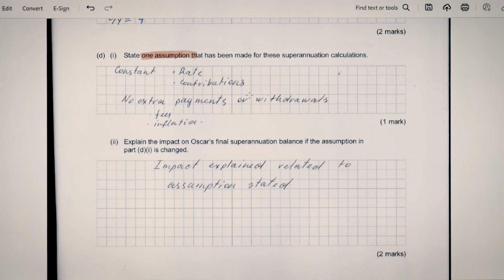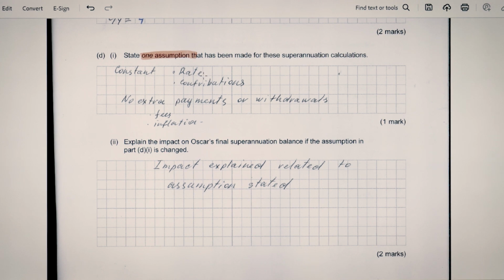But whatever they put there, in part II, explain the impact on Oscar's final superannuation balance if the assumption in part DI is changed, okay? And in general, we are looking that if the interest rate goes up, the investment, there will be more money in his account.